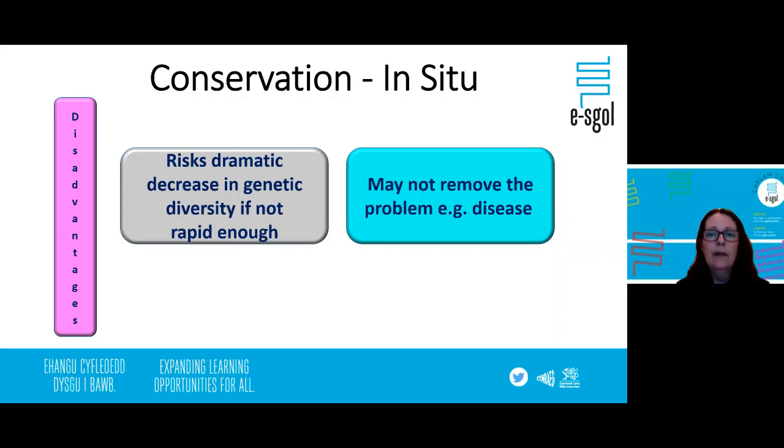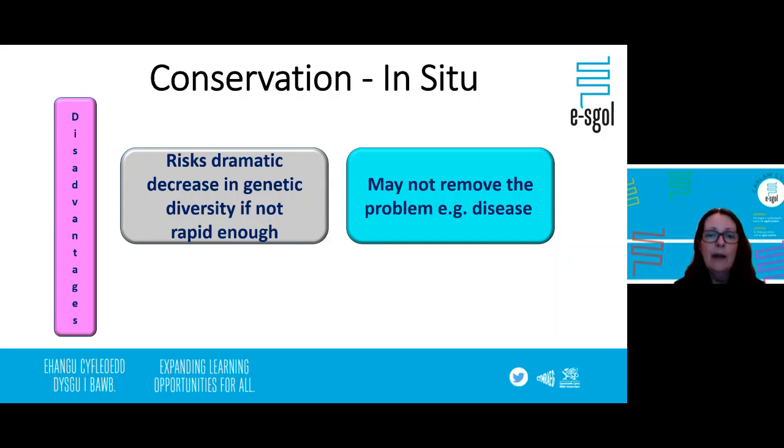By conservation in situ, we might not have enough work to remove the problem. If there is a disease in a particular area, then we might not be able to remove the disease, and of course that can still cause a problem.